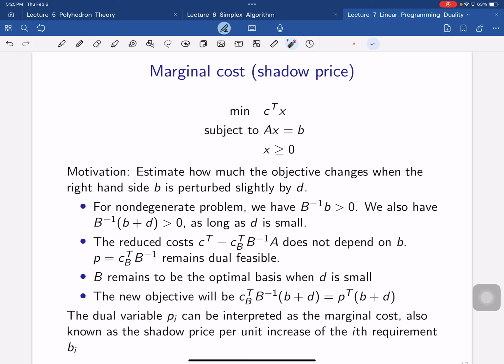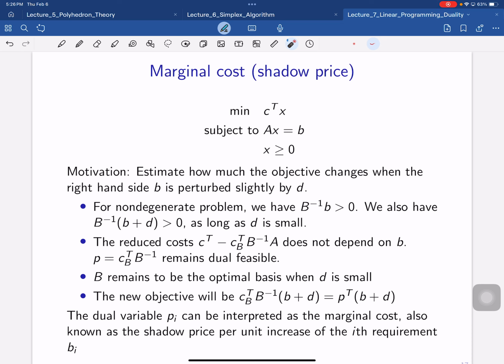One important observation is the reduced cost doesn't depend on the right-hand side. It only depends on the basis and the left-hand side constraint. So therefore, p remains dual feasible. Therefore, when d is small, B remains the optimal basis, since the solution is primal feasible and the corresponding dual is also dual feasible.